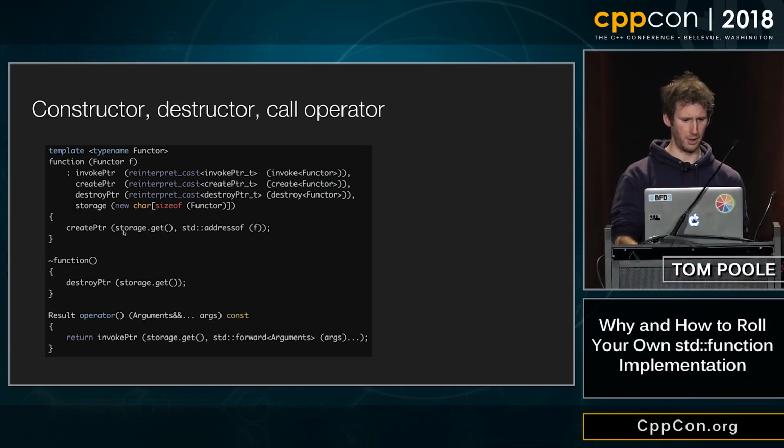And then we're free to use them. So in the constructor, we give it an address of the storage we're using, same with the destructor, and same with the invoke. These are all just operating on type-aware memory, but these type-erased pointers are actually pointing to type-aware functions. So that's the nuts and bolts of how this thing actually operates.